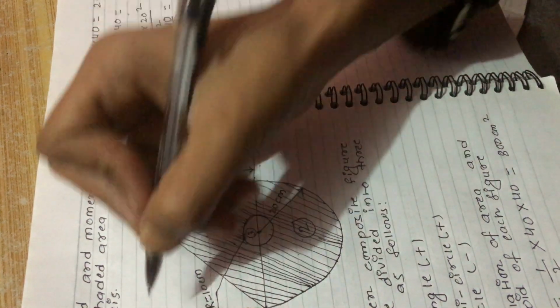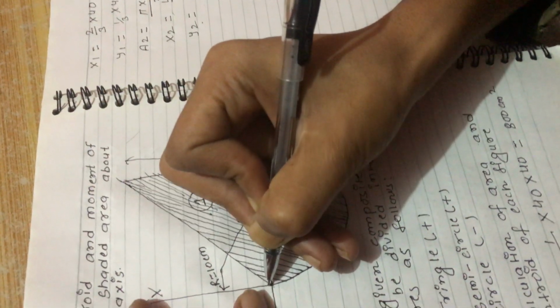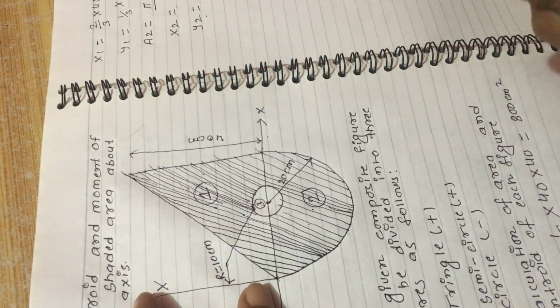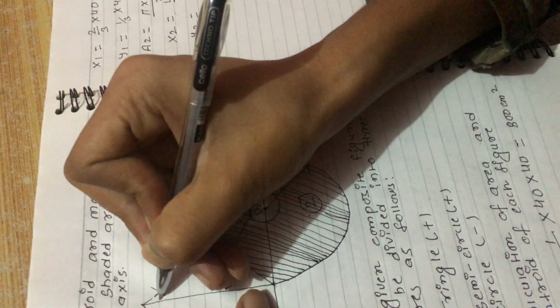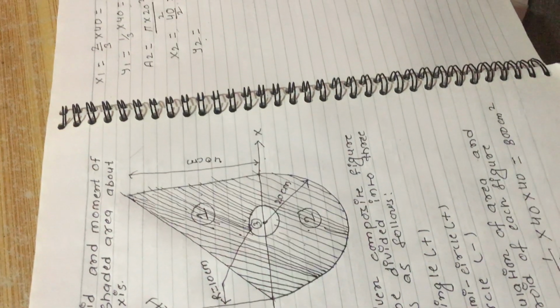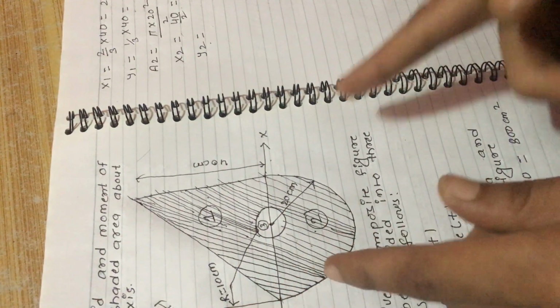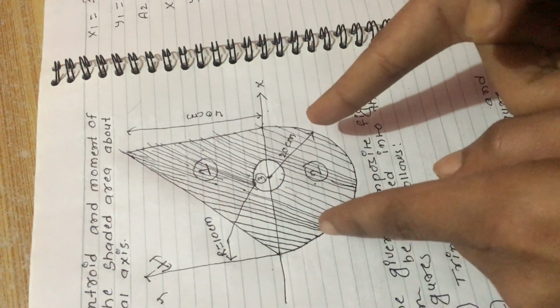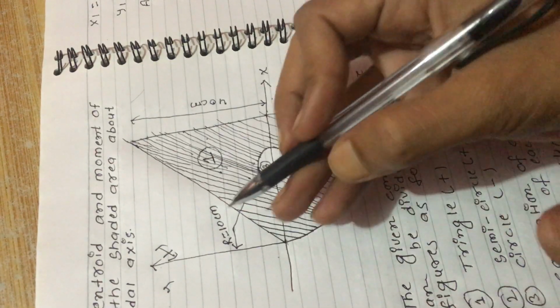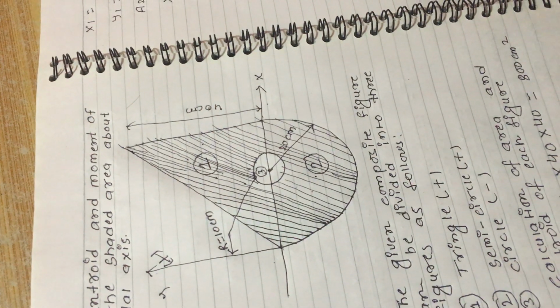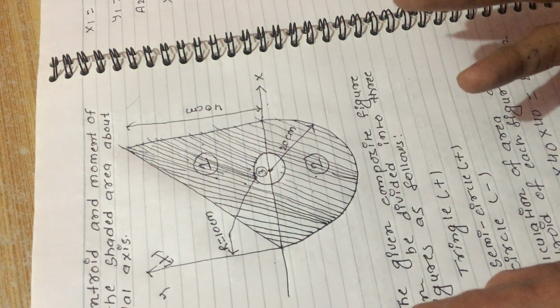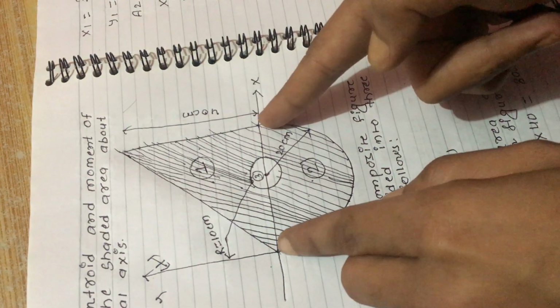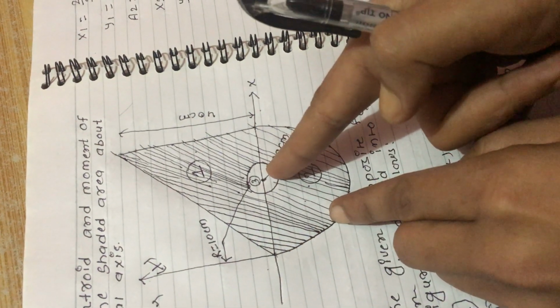On the y-axis this is positive, and if we move below then this is negative. So y2 becomes negative here because this figure lies below the axis, which is taken as reference in our solution.